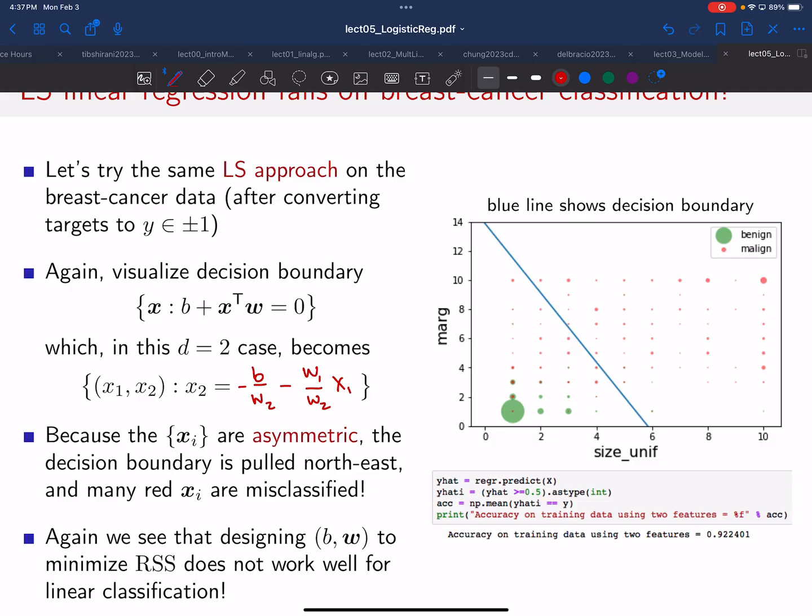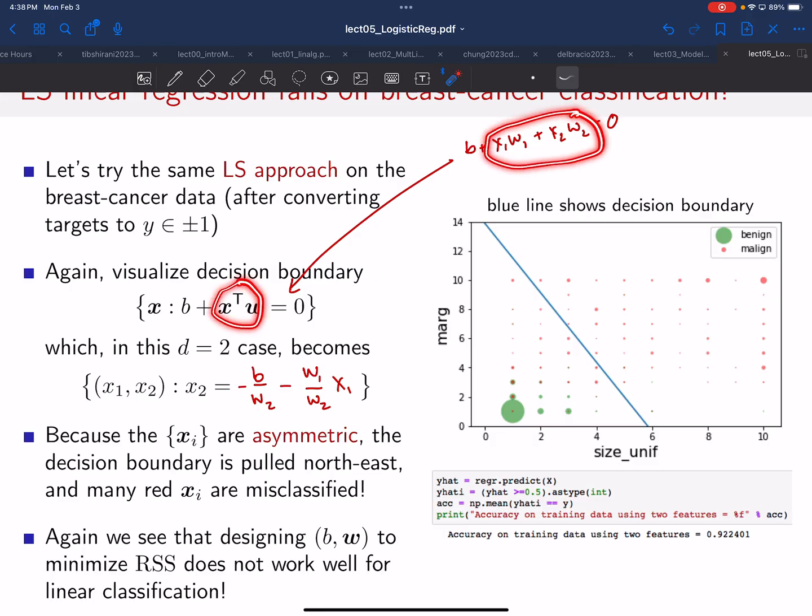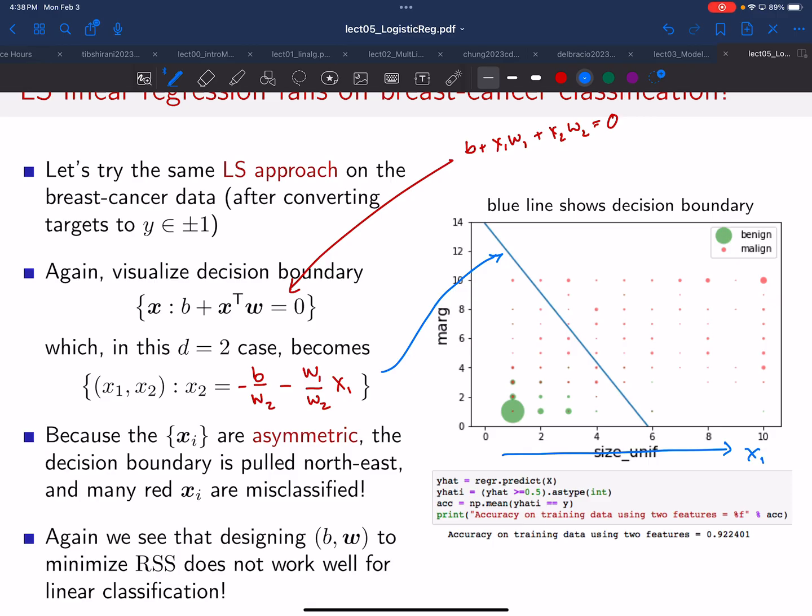And the way you can get that is you just start over here, and you rewrite this as b plus X1 W1 plus X2 W2 equals 0, right? I just expanded this to that. And then I'm just rearranging to get X2. If I move this stuff to the other side and divide both sides by W2, I get this equation here. So this is a direct equation for how you'd want to plot that line if this was X1 and this is X2.